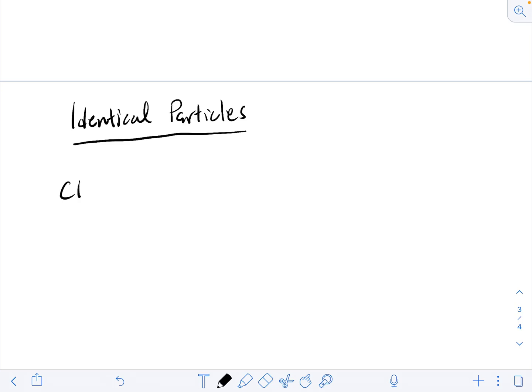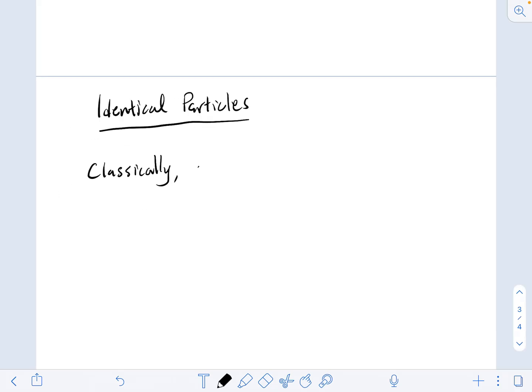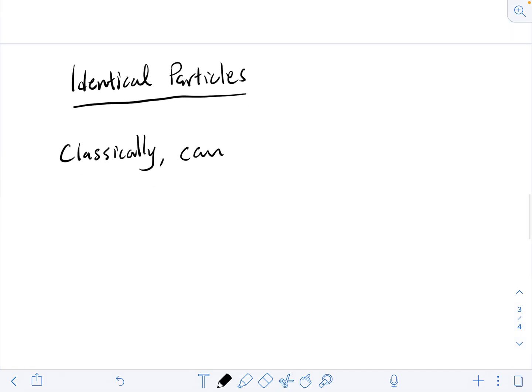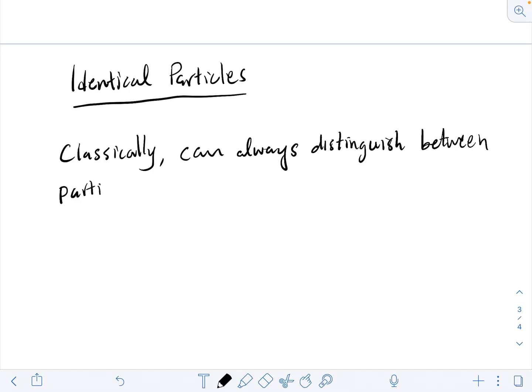Okay, so the first thing that we'll start with is acknowledging that classically we can always distinguish between particles. Okay, we'll see, I think, a pretty simple case where this is not always possible.